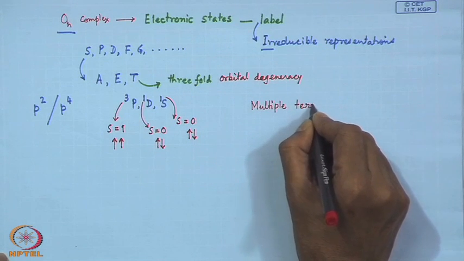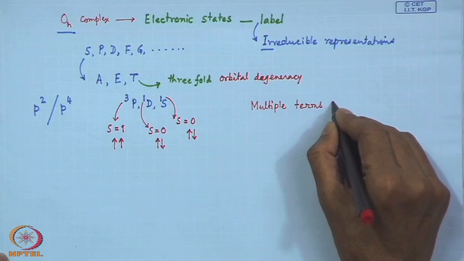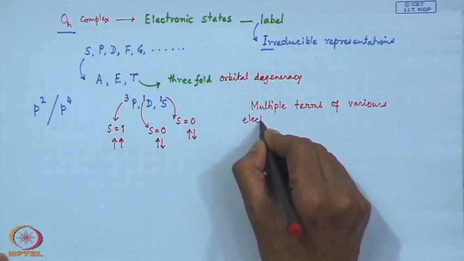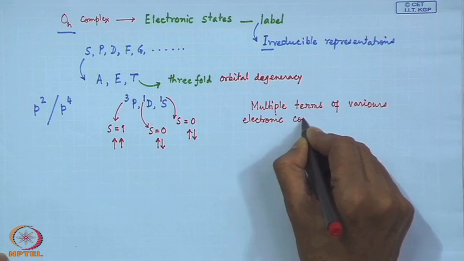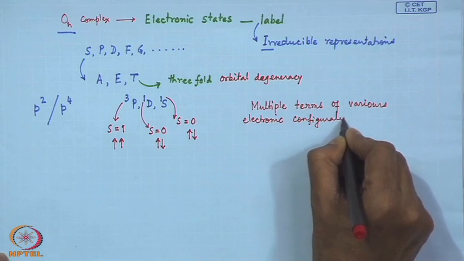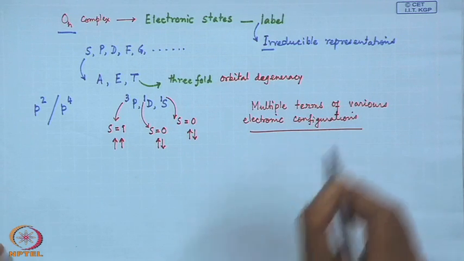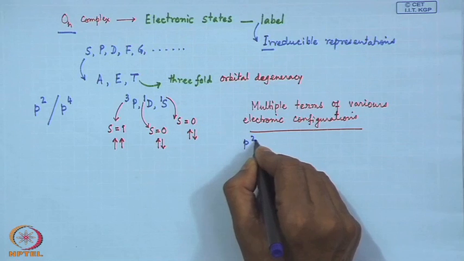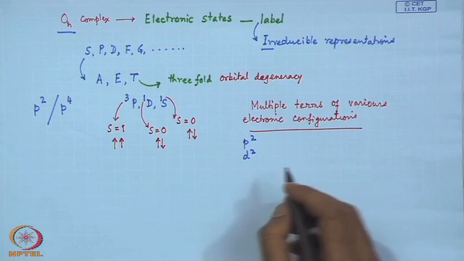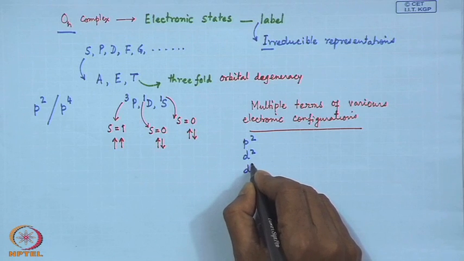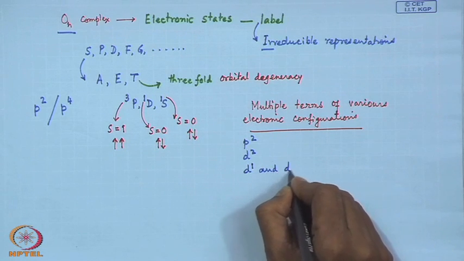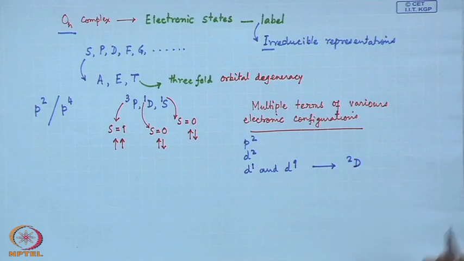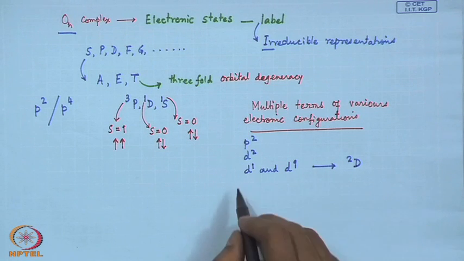Those multiple terms of various electronic configurations, we can find for p2, we can find for d2, or we can find it simply for the d1 and d9 systems. For the d1 and d9 systems, we have the corresponding term as 2D, because we have only one unpaired electron.